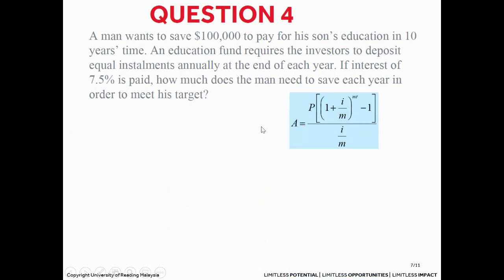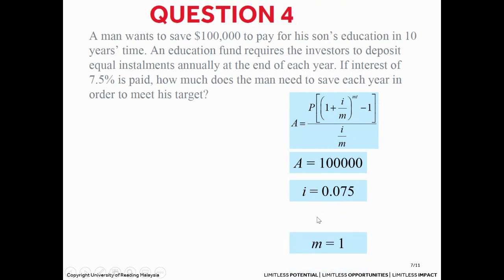You shall use this annuity formula. Let's identify the variables for each of these. So the man wants to save 100,000. That means your A here must be 100,000. Your interest is 0.075.